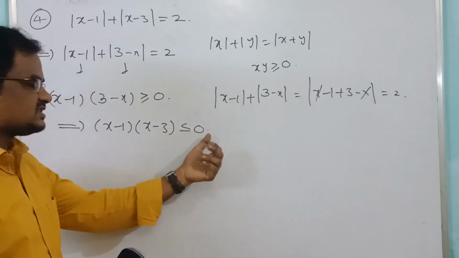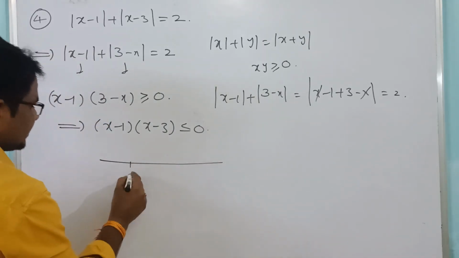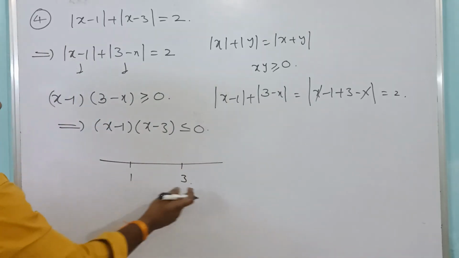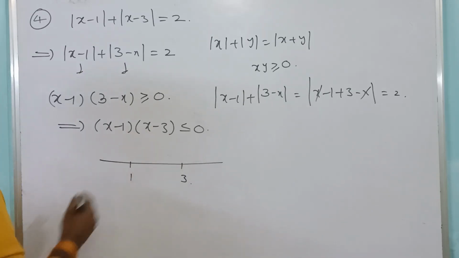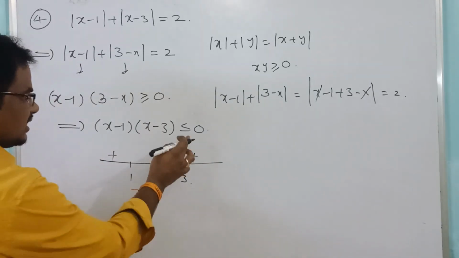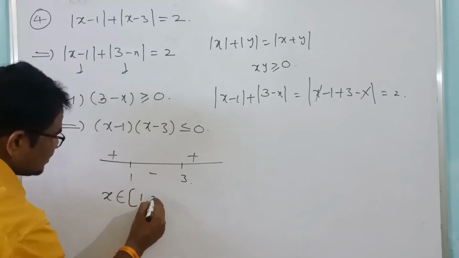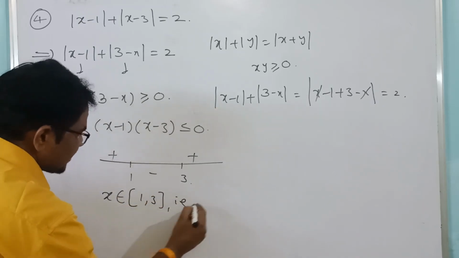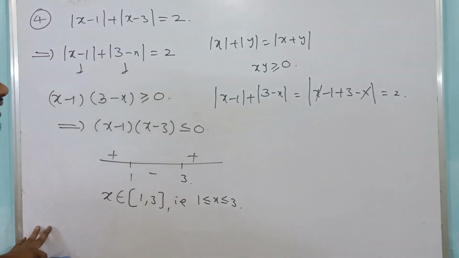Taking 1 and 3 on a number line, for less than 1 any value substituted gives negative and negative, positive; between them negative, and after 3 positive. For less than or equal to 0, x belongs to the closed interval 1 to 3, or 1 less than or equal to x less than or equal to 3. This is our required answer by this method.